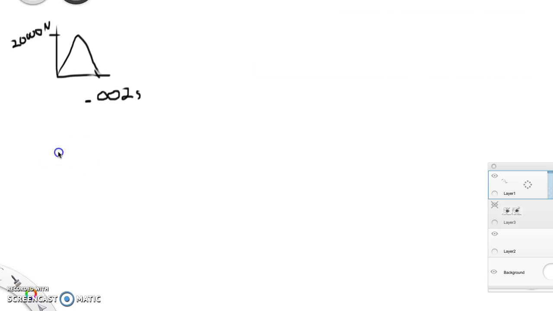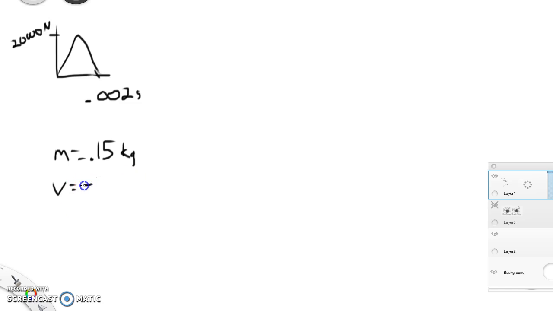So let's say that we have a baseball with a mass of about 0.15 kilograms. I think this is right. Let me double check. Yeah, so we'll say 0.15 kilograms, and it's been thrown at a batter, let's say at a velocity, and we'll make it negative because it's going towards the batter, and we'll say that away from the batter is positive.